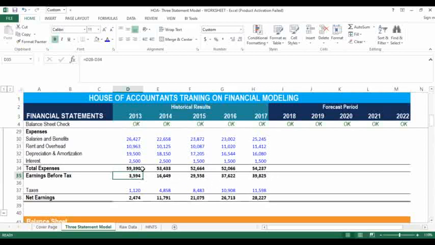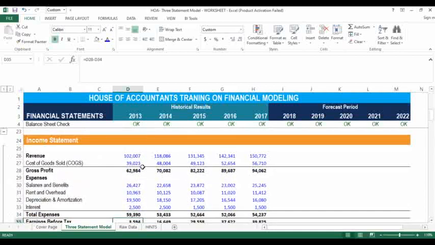But if you look at some elements, you will see that the figure was dropping somewhere. Let's see, the revenue was dropping from here. The revenue from year 2013, okay, the revenue also was increasing, and also the cost of sales was increasing.